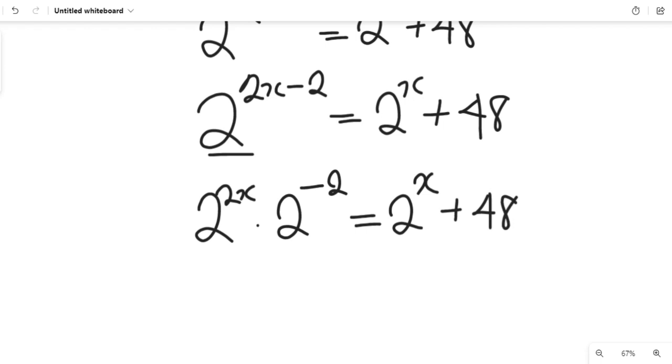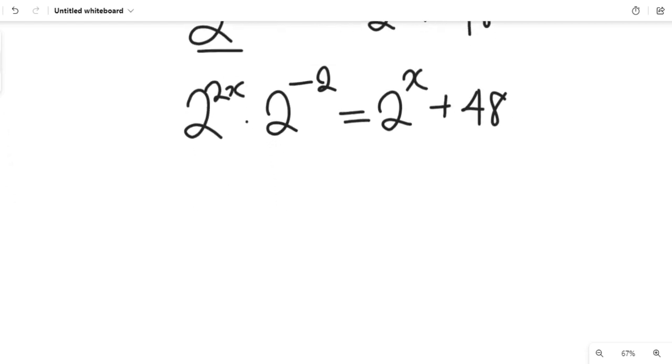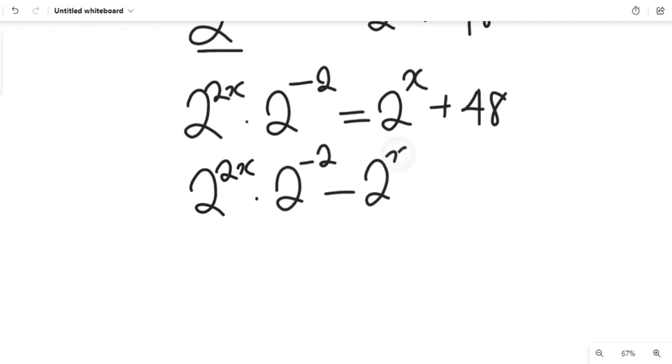Now let's take everything to the left hand side. That equation will now become 2 to the power of 2x multiplied by 2 to the power of minus 2, minus 2^x, minus 48, equal to 0.